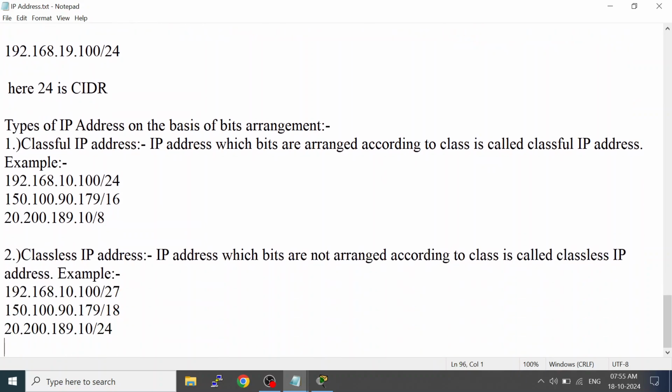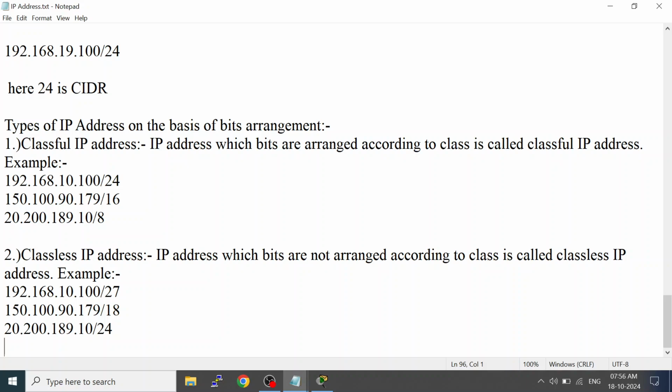Now there are two types of IP address, classful and classless. As in our house, if our parents say anything, a very obedient child does what he says and we follow. And when we don't follow as per his orders, then you know all the words they use. Same here.